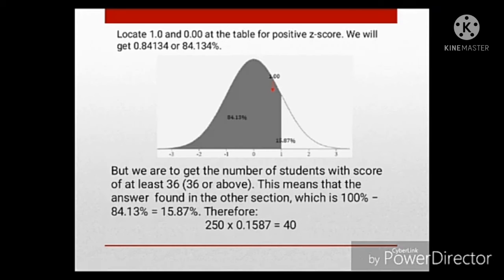Among the 250 students, 15.87% of them scored 36 or above. Therefore, 250 times 0.1587, the answer is 40. At most, 40 students scored at least 36 or above.